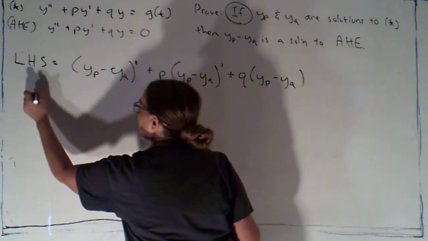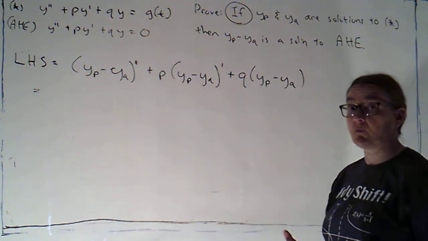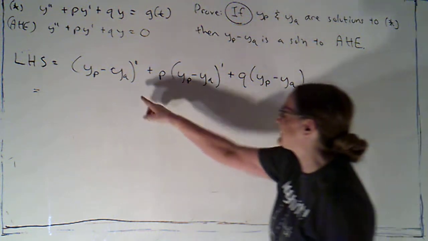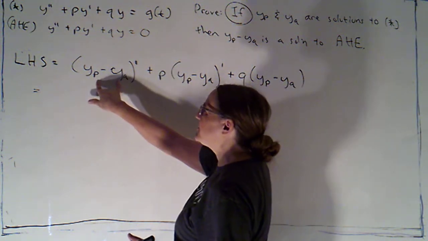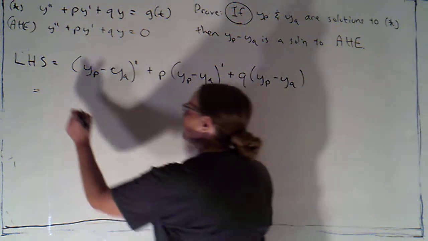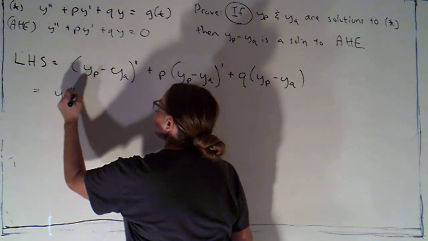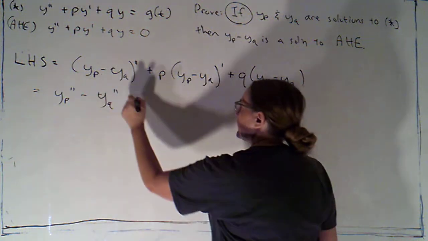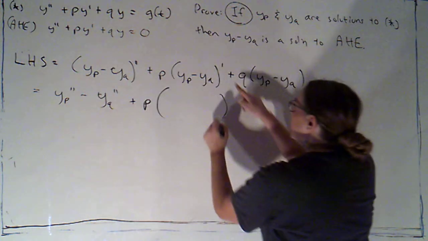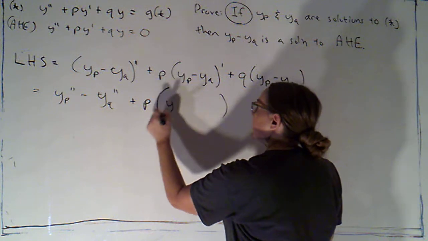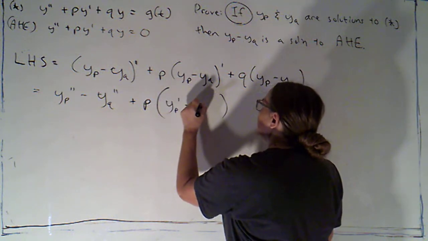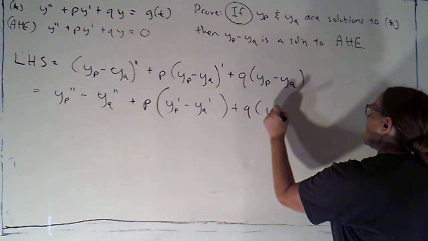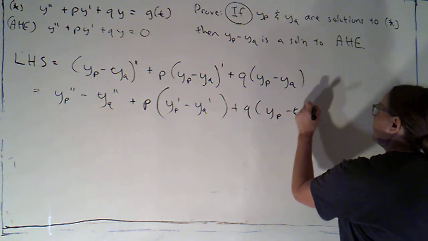So let's simplify. I'm going to use the sum rule for, the difference rule, I guess, for derivatives, because I'm subtracting. So if I subtract two functions and then take the second derivative, that's equivalent to taking the second derivatives and then subtracting. Same thing for first derivative, so this will be just yp prime minus yq prime plus q times yp minus yq.